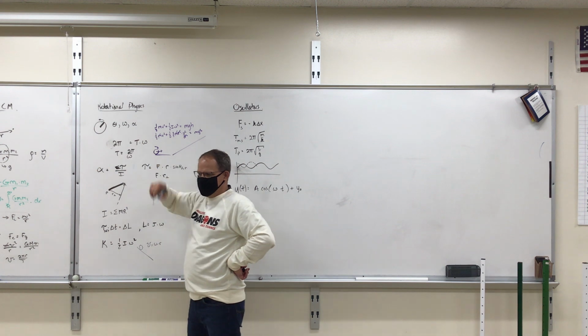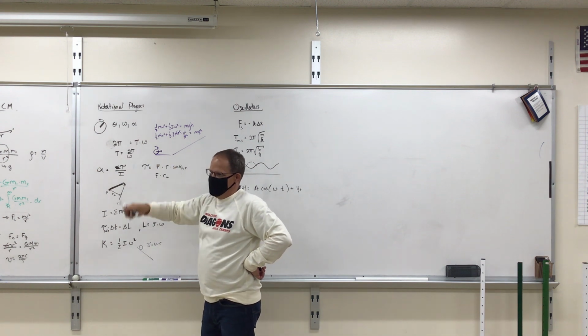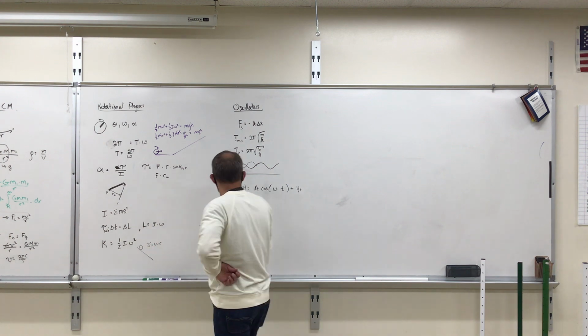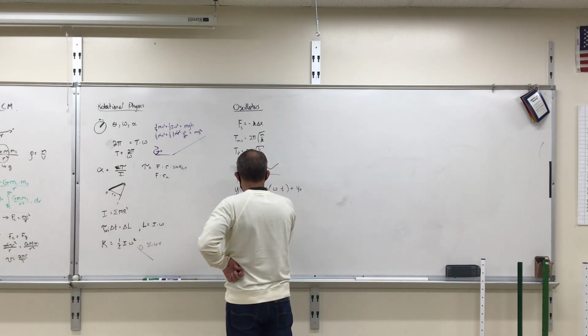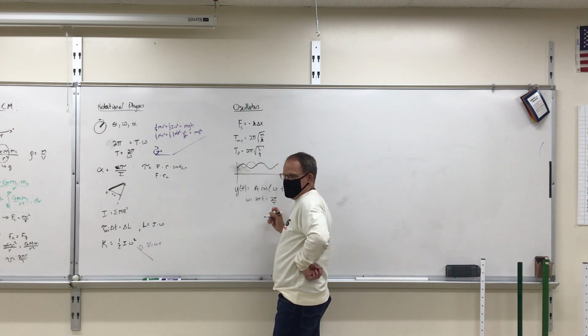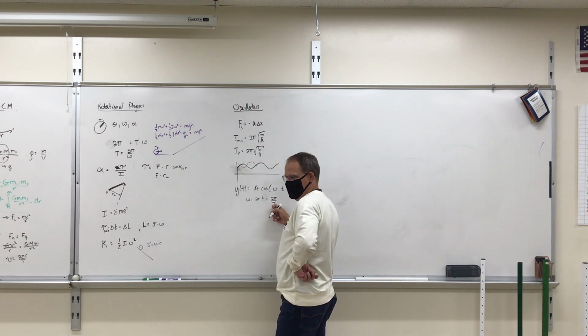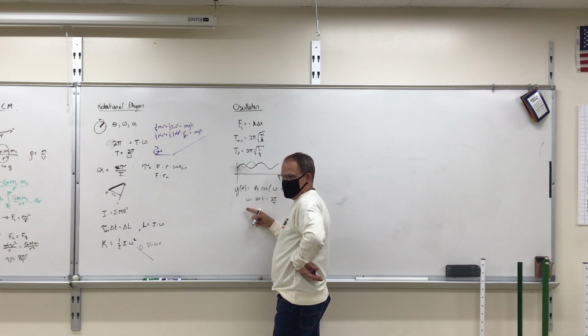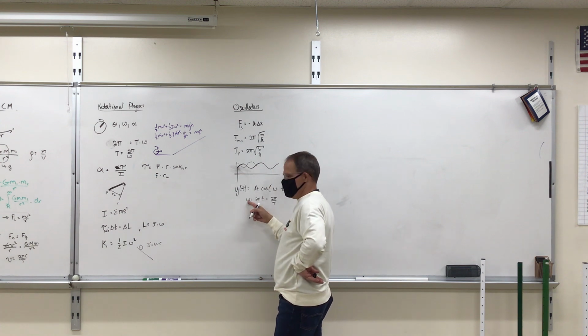This thing's bouncing up and down, but you can map it to the motion of a wheel turning. Omega also equals 2 pi times the frequency, which is 2 pi divided by the period. So if you know the period, you can find omega to describe its motion.